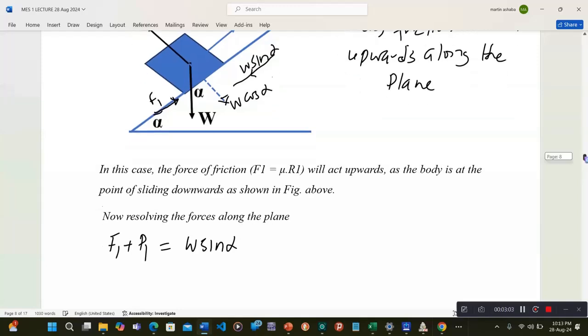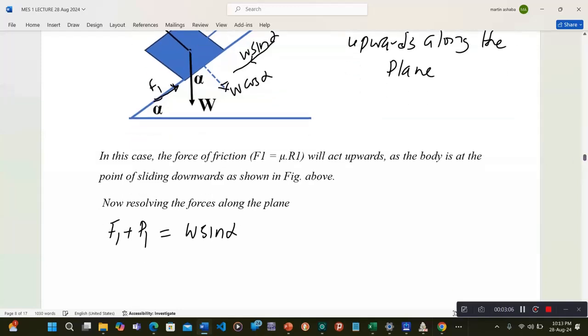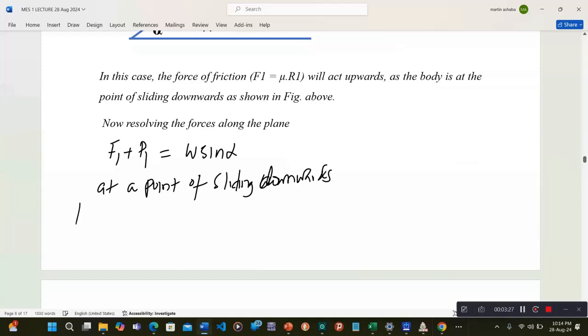Now, at the point of sliding downwards, F1 is equal to nu R1, and this is the same as R1 tan phi.